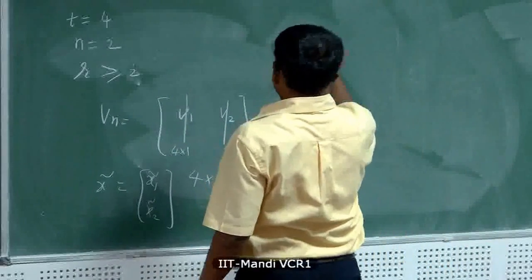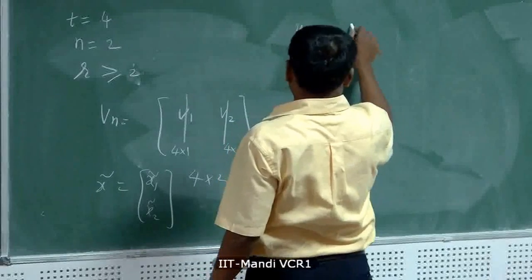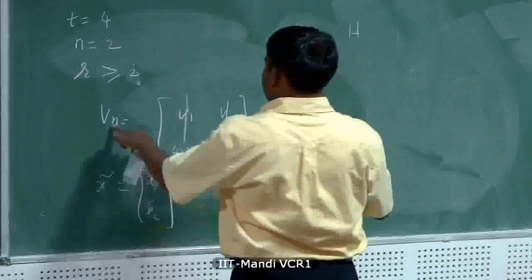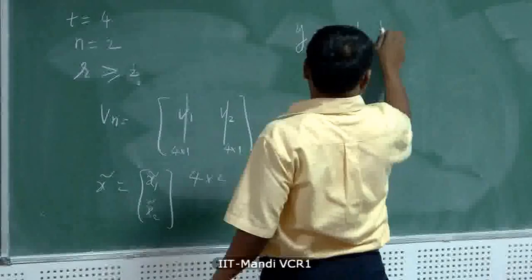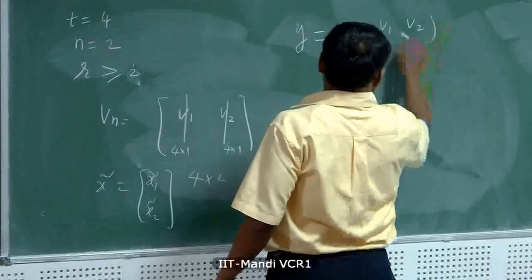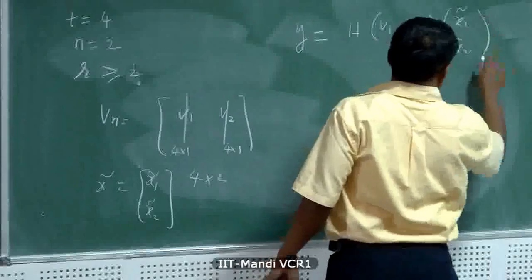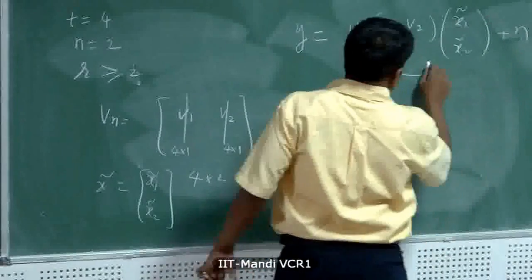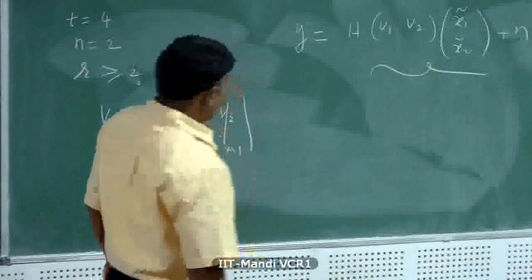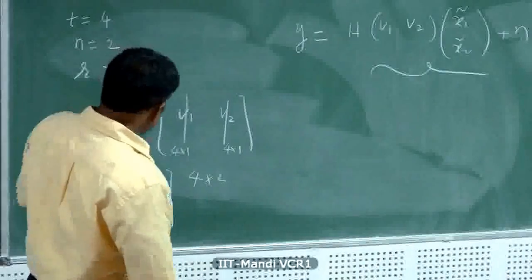Y is equal to H Vn x tilde plus n. This is what is transmitted.